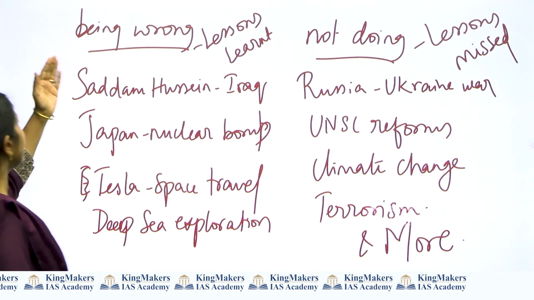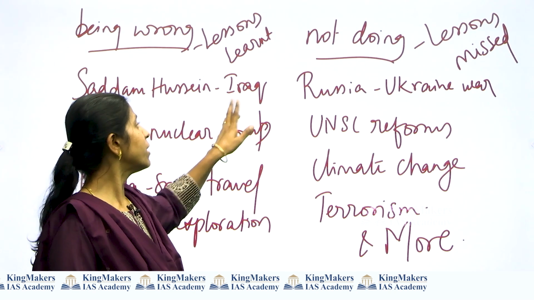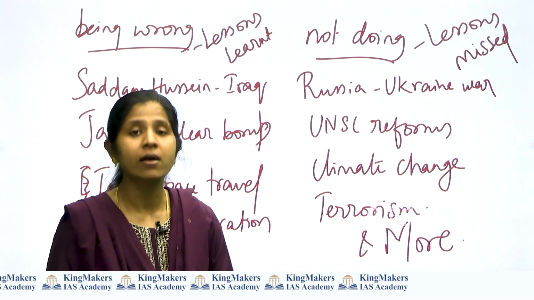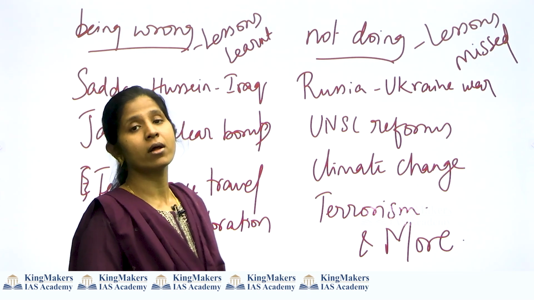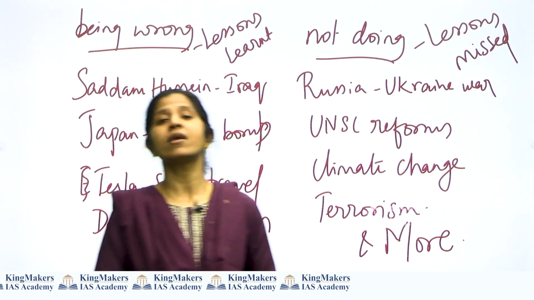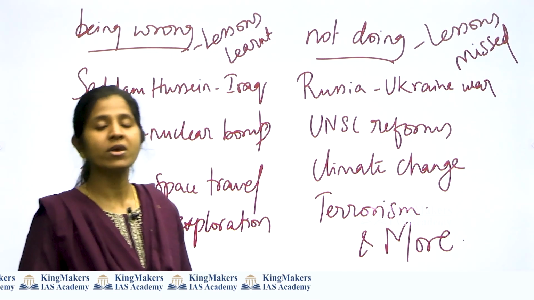Examples like you can talk about Saddam Hussein's assassination, wherein the US invaded Iraq and assassinated Saddam Hussein because there was an allegation that he was using chemical weapons, but it was not found that he was using chemical weapons.